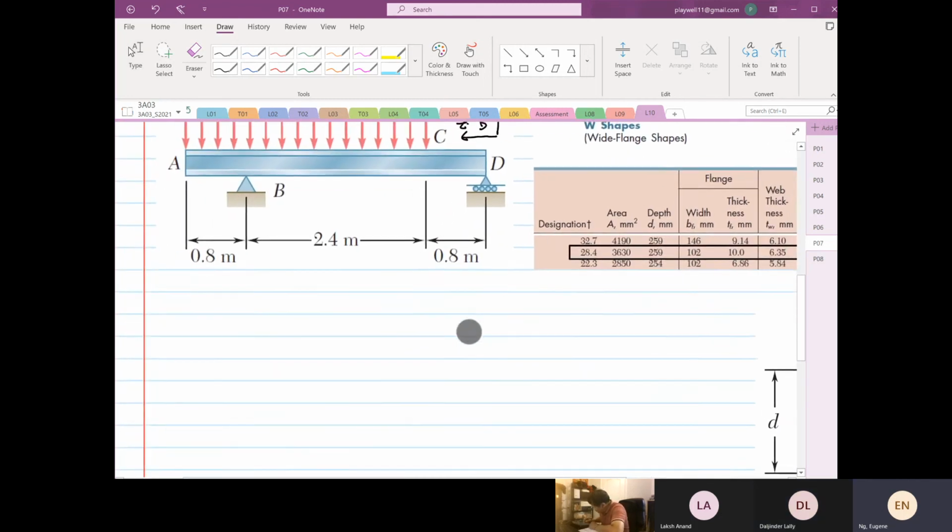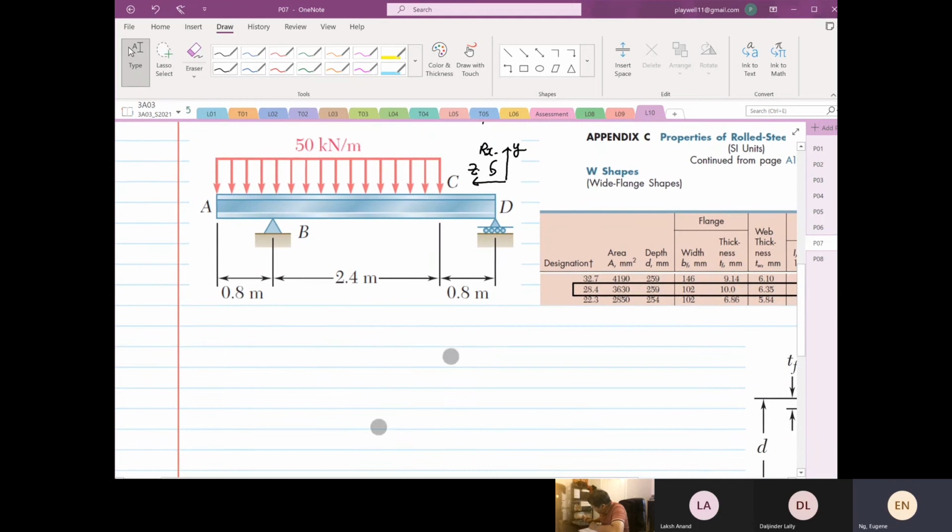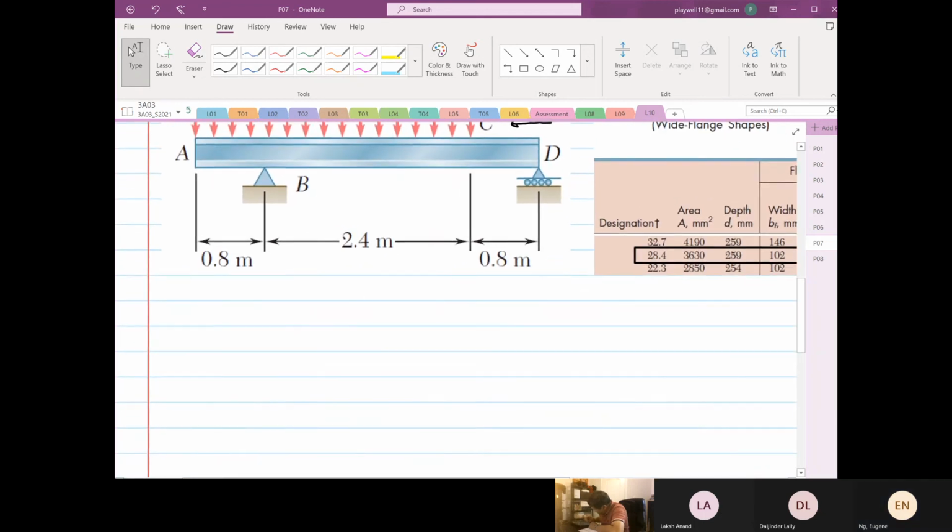Okay, so we know that under this structure, stress z is equal to Mx over Ixx multiplied by y.